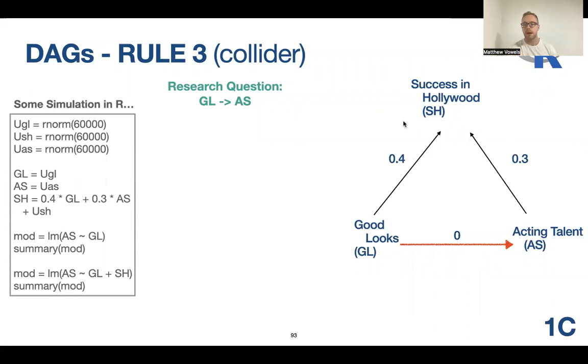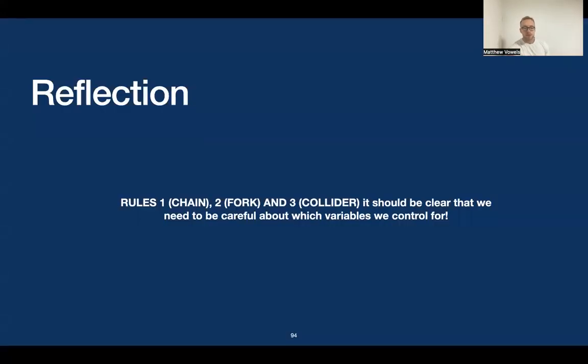Then it opens up a path, and we get a spurious path linking good looks and acting talent where there actually is none. So they're the 3 rules. Rule 1 for the chain, rule 2 for the fork, and rule 3 for the collider. With these rules, we're going to see how we can use them to extract or estimate causal quantities from observational data, to really go from correlation to causation.